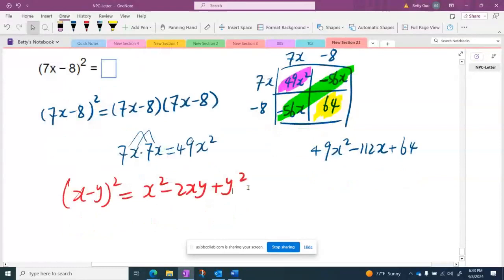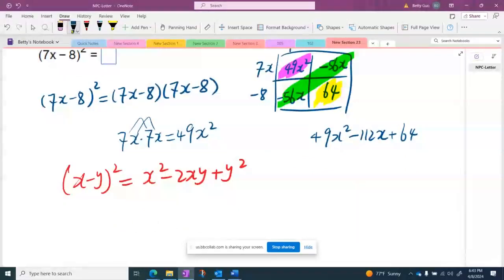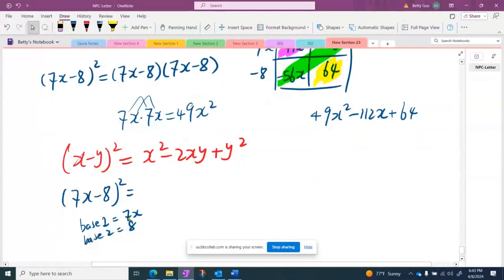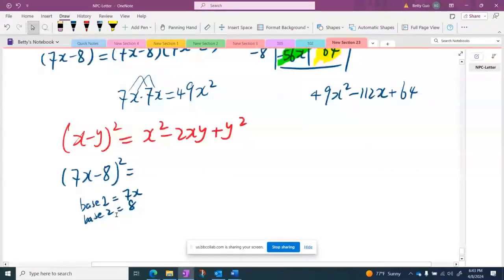So what we have here is 7x minus 8. Base number 1 is 7x. Base number 2 is 8. The given expression is the square of a binomial difference of the two bases, 7x and 8.